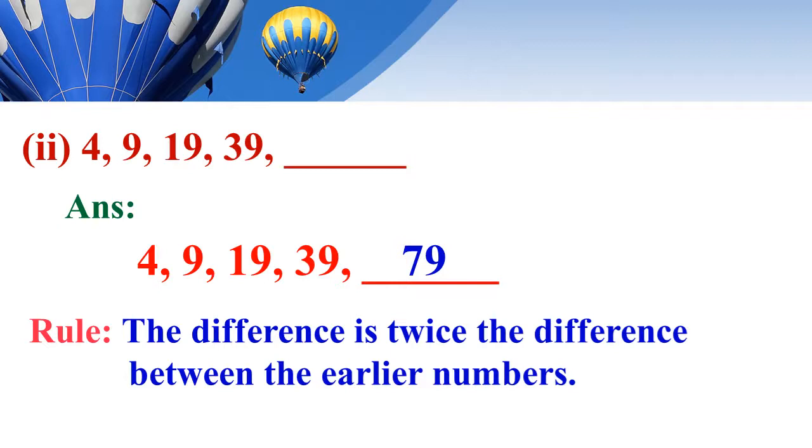So 10 plus 9 we get 19. Next, 19 minus 9 we get 10. Twice of 10 is 20. So 20 plus 19 we get 39. So next we have to subtract 39 and 19. So we get 20. Twice of 20 is 40. So 40 plus 39 is 79. So the answer is 79.